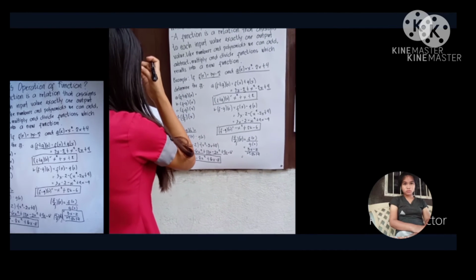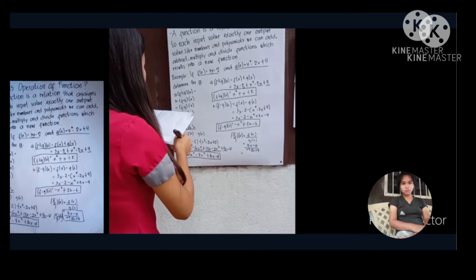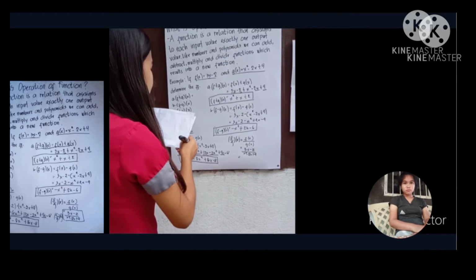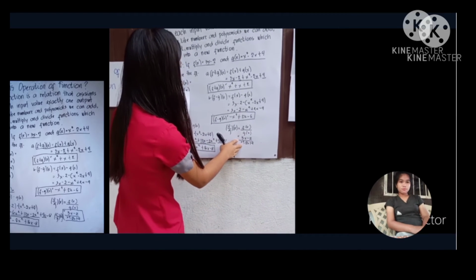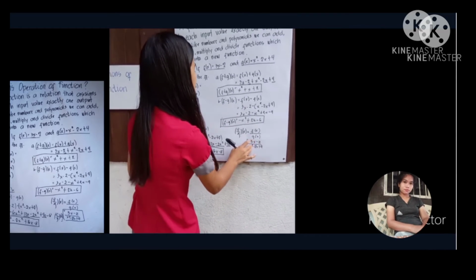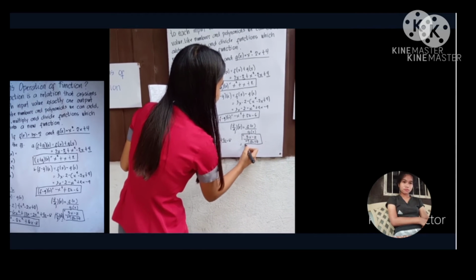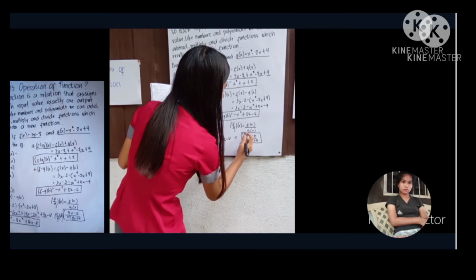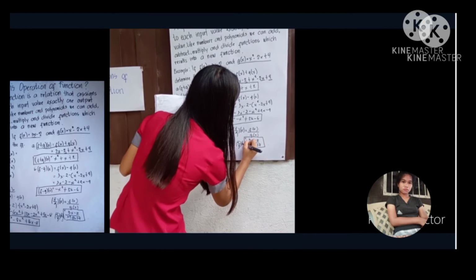We cannot simplify it through factoring, so that is f divided by g of x.